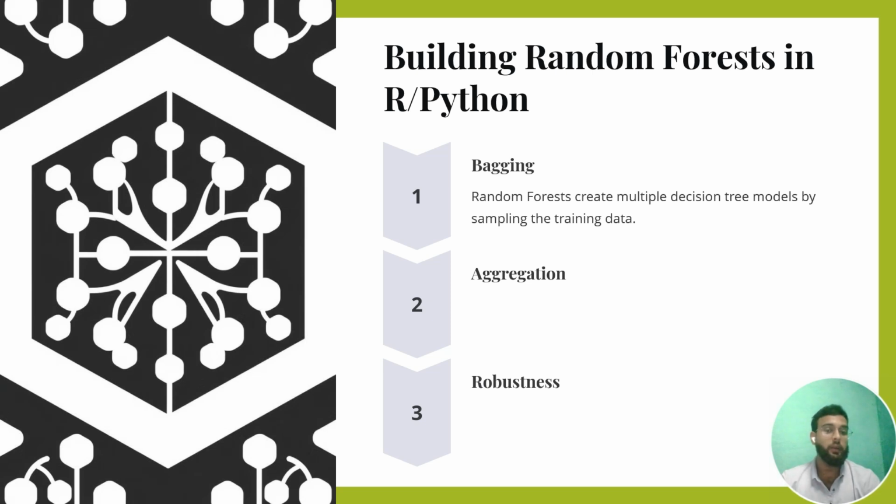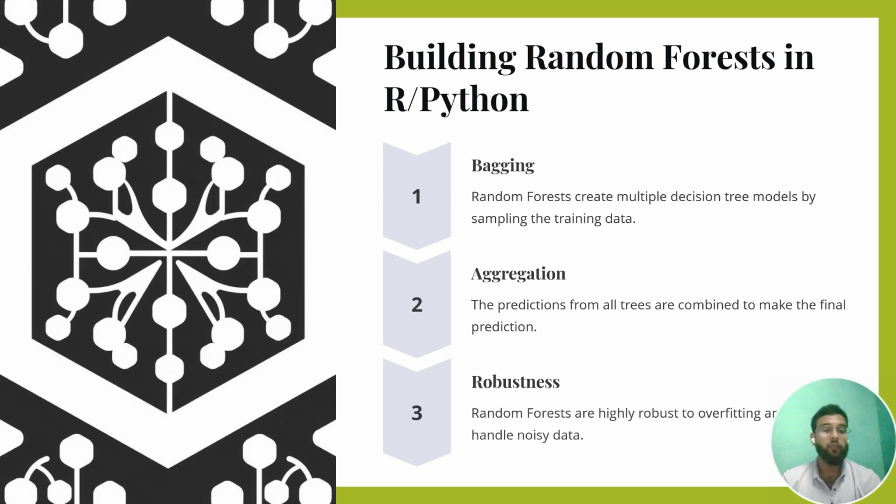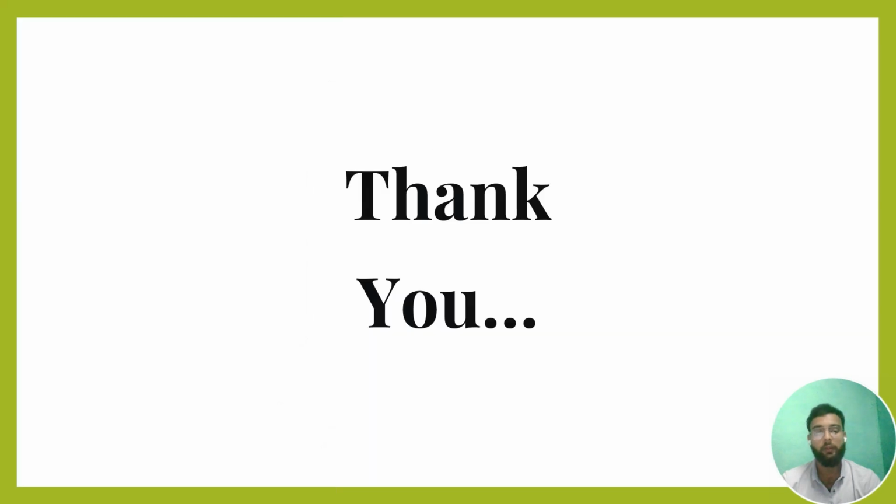Secondly, in aggregation, the predictions from all trees are combined to make the final prediction. And then robustness: random forests are highly robust to overfitting and handle noisy data. So by these three steps, we can build random forest in R and Python.